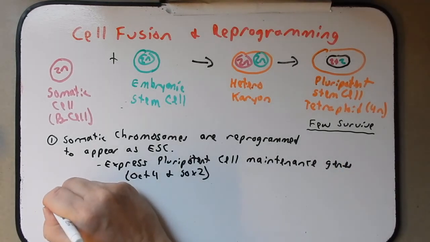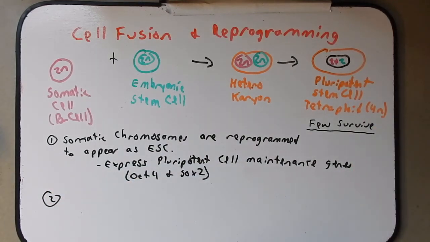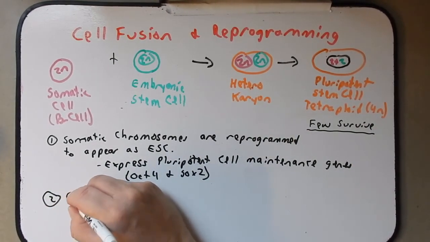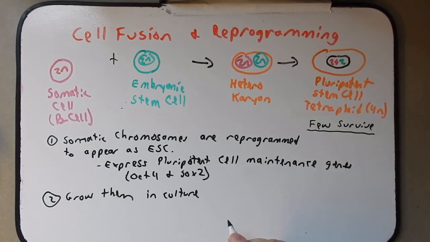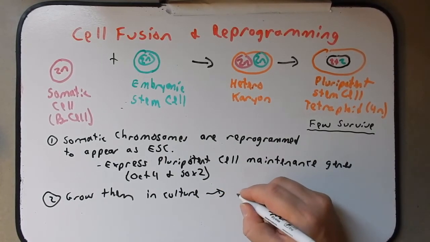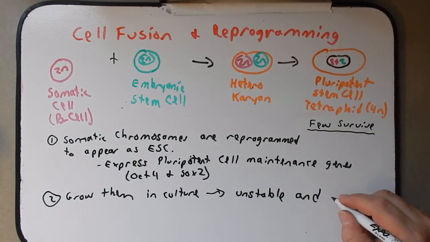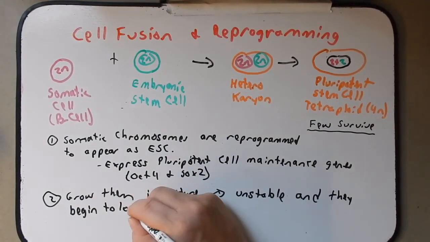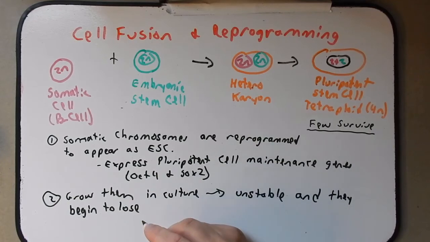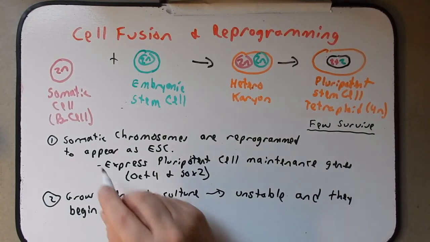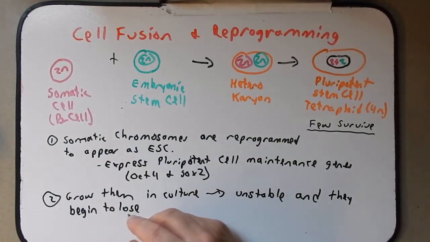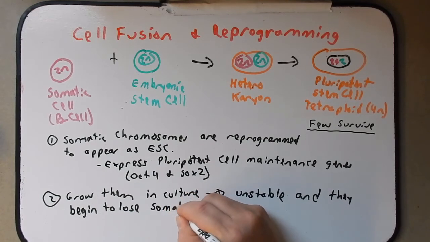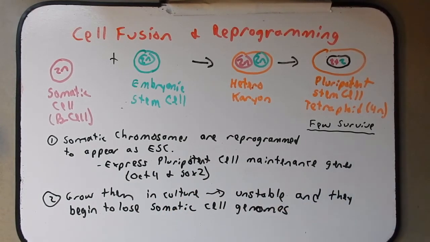Now you can take these tetraploid stem cells here and you can grow them in culture. And they'll do fine for a while, but eventually they're unstable. And in a very interesting way, they begin to lose half their genomes. But not any half of their genomes, just the somatic cell genomes. So they begin to lose the somatic cell genomes in a very selective way. Then once they are lost, the cell lines are once again more stable.